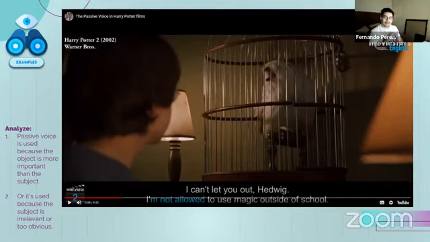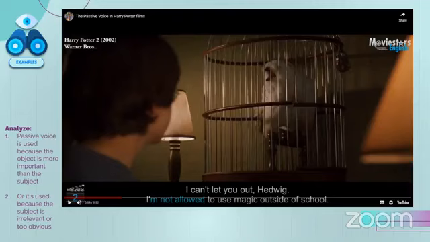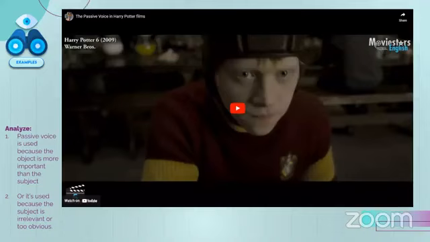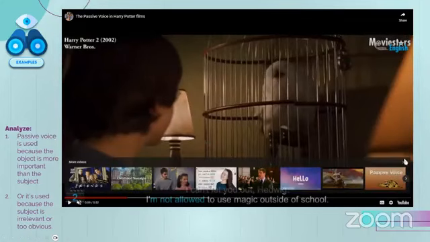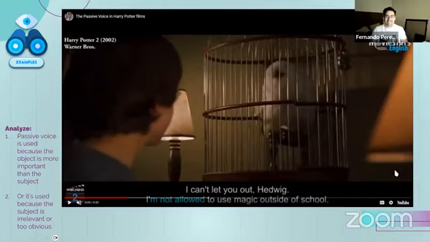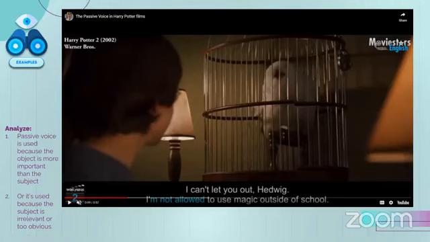That's not allowed. And we can see that because of the time of the verb be. Exactly. The verb be determines the time.